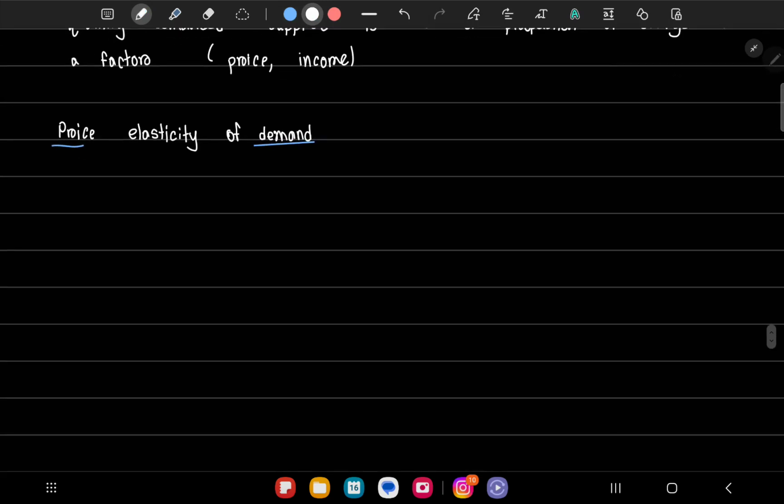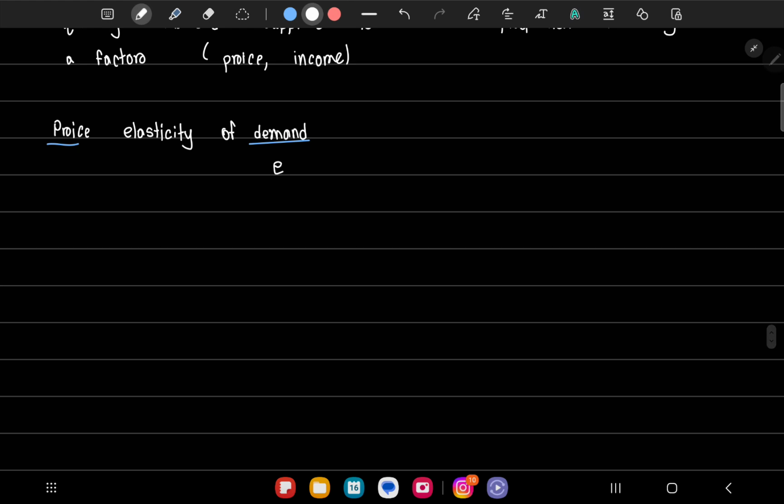The formula for this is, in the numerator we have the percentage change in quantity demanded divided by the percentage change in price. This elasticity helps us understand how much the quantity demanded of an item will change if the price increases or decreases.